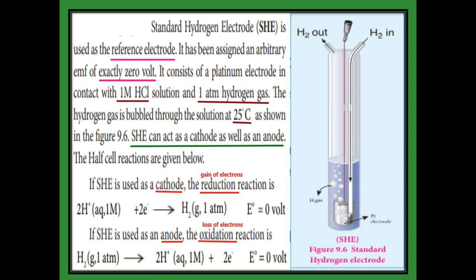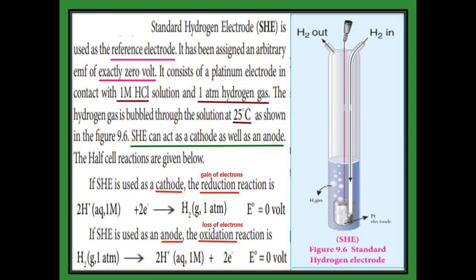But in a hydrogen molecule, how many hydrogens? Two hydrogens. So we need two H plus. One H plus gains one electron, so two H plus gain two electrons. Afterward, it forms H2. So in the cathode, two H plus ions from the solution gain two electrons and form the hydrogen H2 molecule. Suppose it acts as a cathode, the reaction undergoes like that.